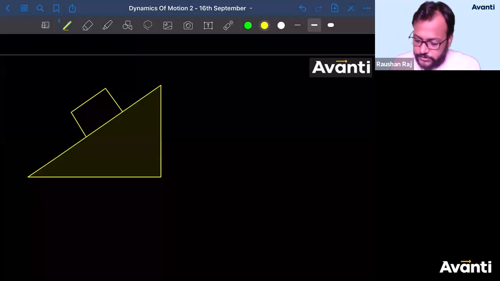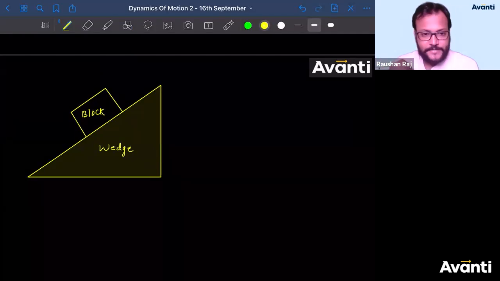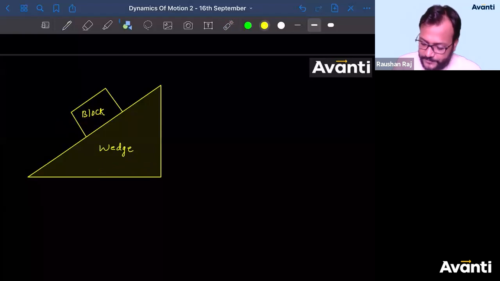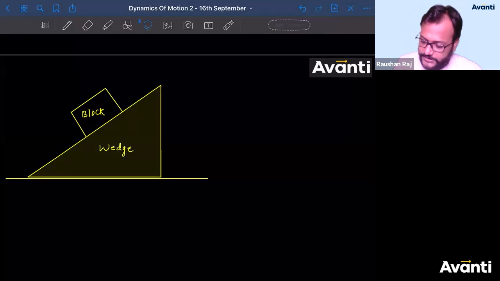All right, so this is a wedge. This is a block. So draw the free body diagram of the wedge and the block. The wedge is kept on the ground.